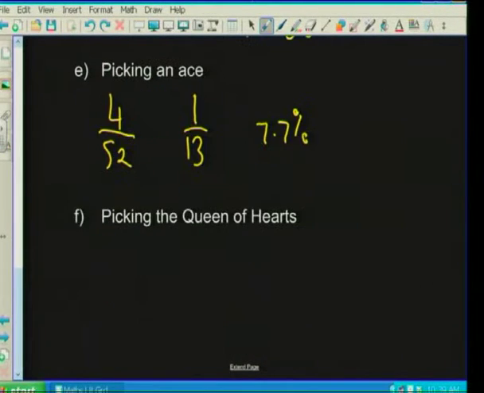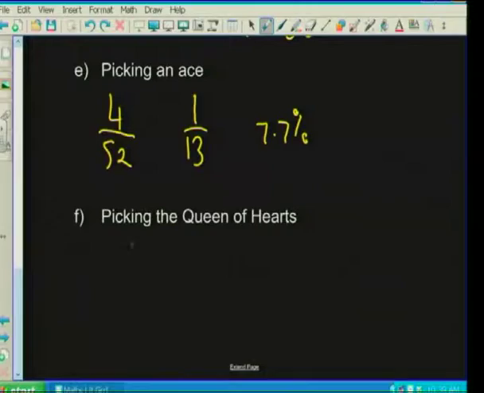And then the last one here says, what is the chance of picking the Queen of Hearts? Well, there is only one Queen of Hearts in the entire pack, so that means we've got 1 out of 52 chances.